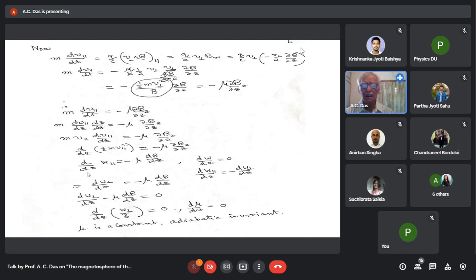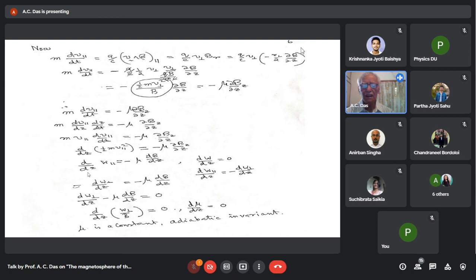What I want to say is that d mu/dz equals 0. What I want to emphasize in all these calculations, which will be quite boring to you at the moment, is that mu is a constant. The magnetic moment is a constant, and it is an adiabatic invariant.